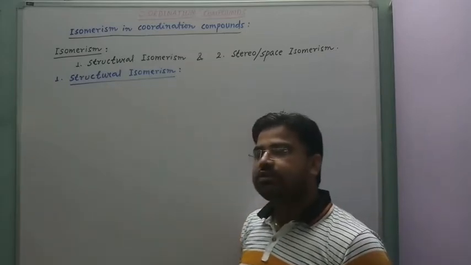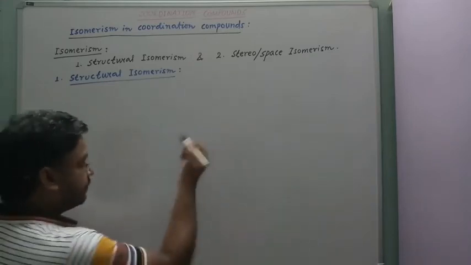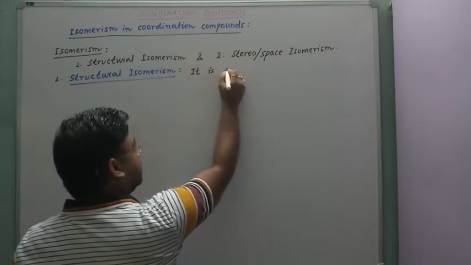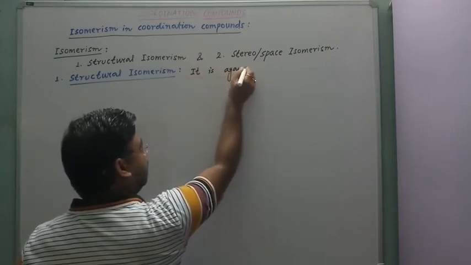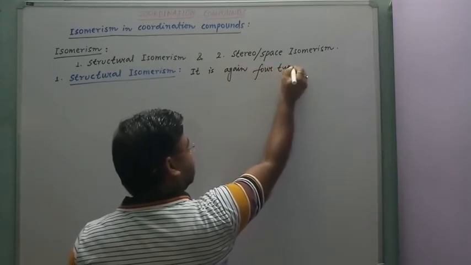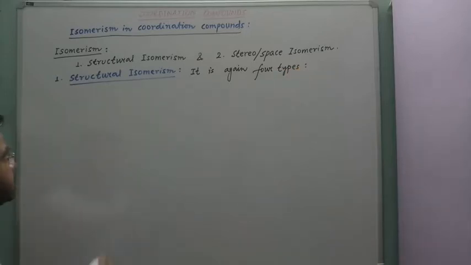Structural isomerism is further classified into four types. So what are the four types?